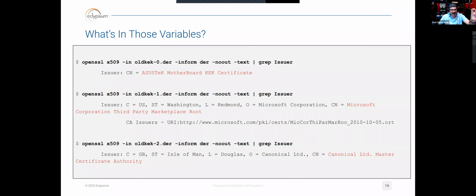So these three certificates that I'm showing on this slide are the three certificates that were stored in the KEK variable on one of my systems. One of my systems happens to be from ASUS, so one of the key exchange keys was from ASUS, my motherboard manufacturer. One was issued by Microsoft, which is their third-party root certificate.